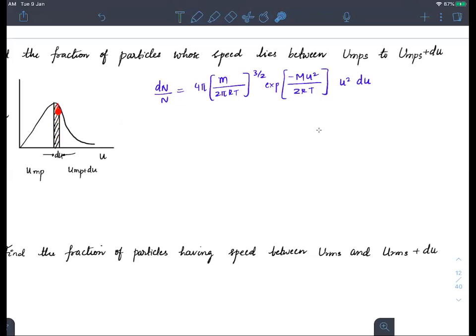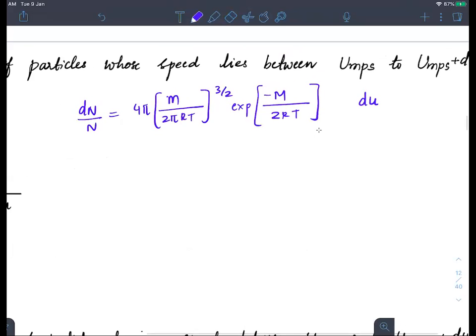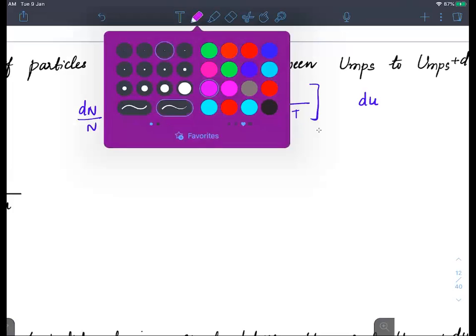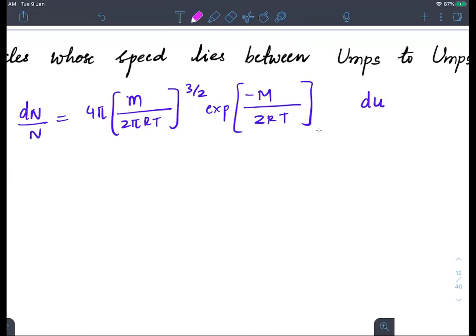So in this du, what is the fraction of particles present? So I will replace this u square with its value. What is the value of that? u square is 2RT by m. Here also it is 2RT by m.